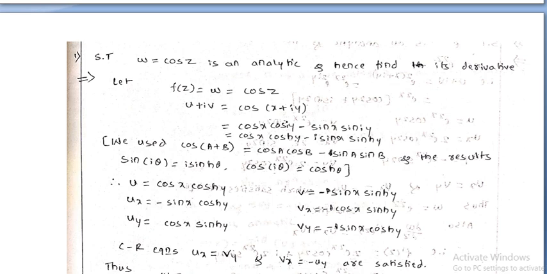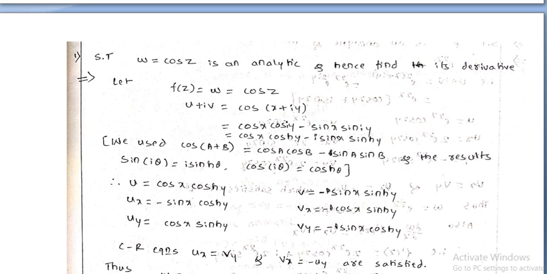So here we get ux, uy, vx and vy. If you observe the result, ux and vy are the same, and vx and uy are also the same, only the sign is different. One is positive and another is negative.